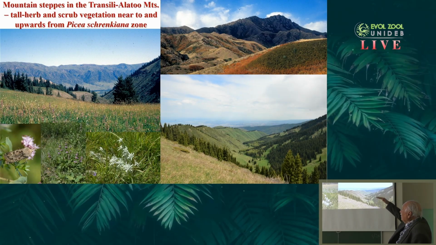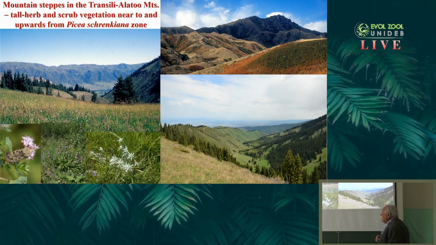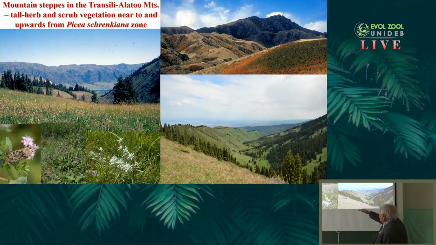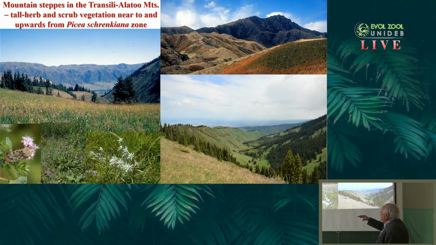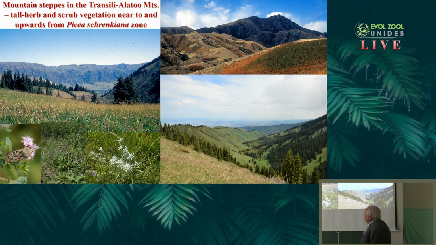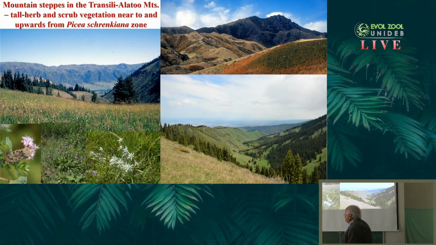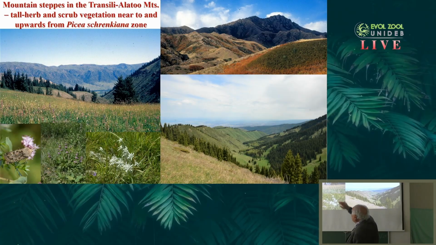A higher elevation is in the coniferous zone, which is not a continuous zone, but it is subdivided by mountain tall grass, so-called meadow steppes, with vegetation like in less steppic areas in the Carpathian Basin.